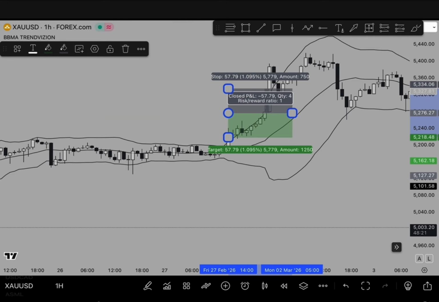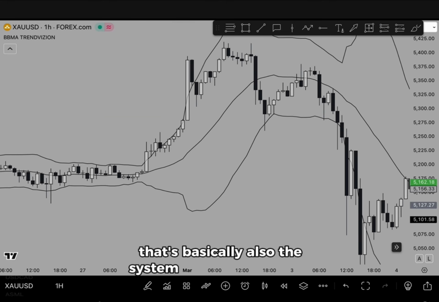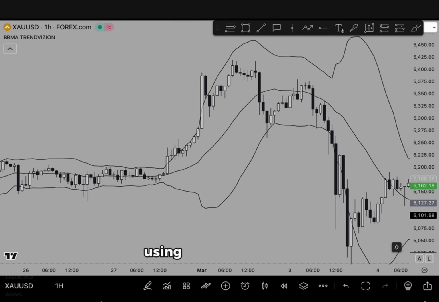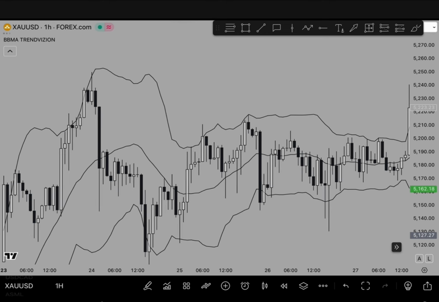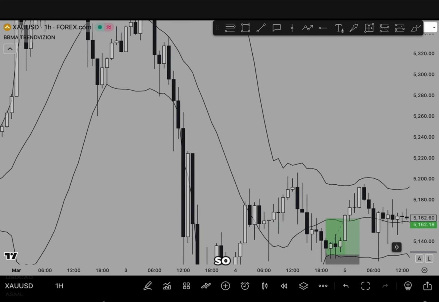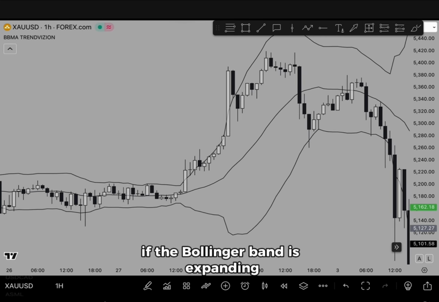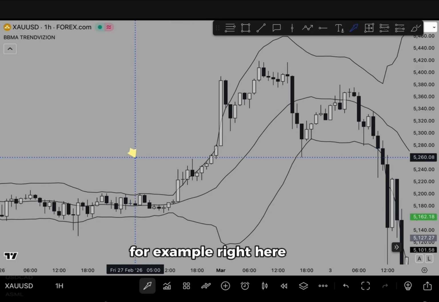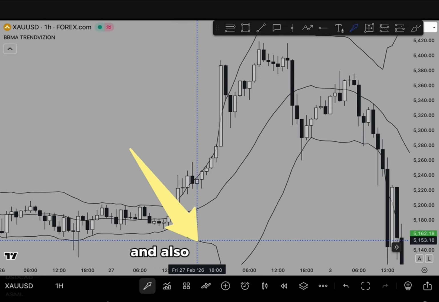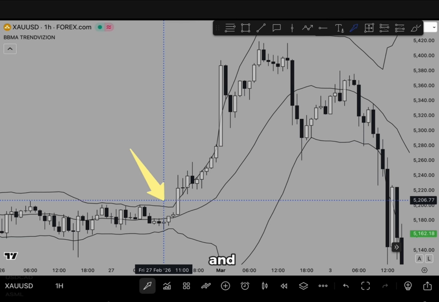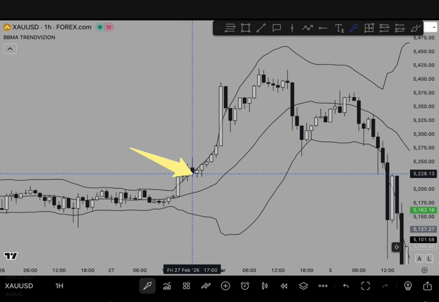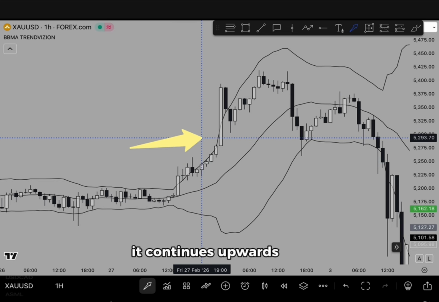So that's basically the system of BBMA. Instead of using the Bollinger Bands as resistance, you use the breaks of it as momentum. If the Bollinger Band is expanding, for example right here, you see it gets very narrow and then expands upwards and also downwards in the lower band, and that means price is having momentum to the upside, and it continues upwards.